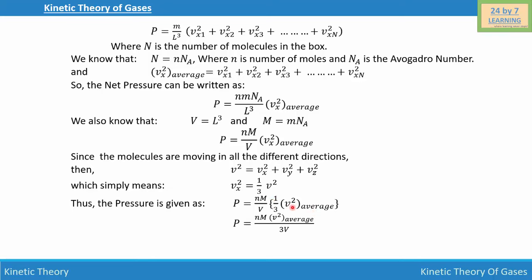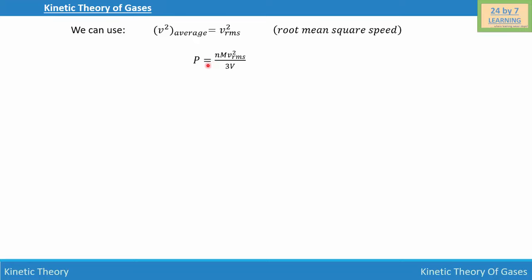Now we know that v square average is equal to v square RMS, because the average velocity of a molecule is equal to the root mean square speed of the molecule. Using this, we write P equals N m v RMS square over 3V.